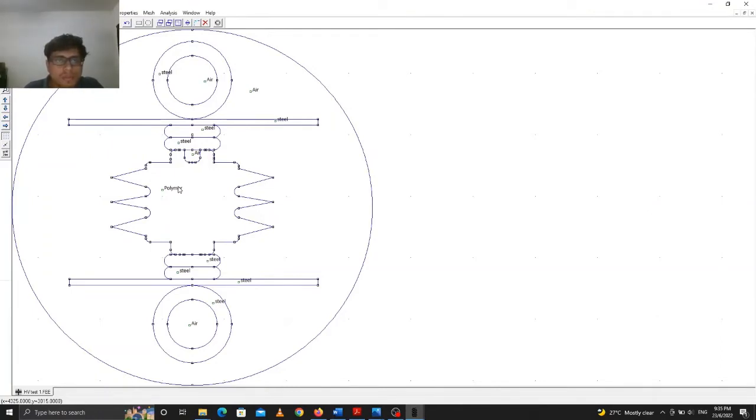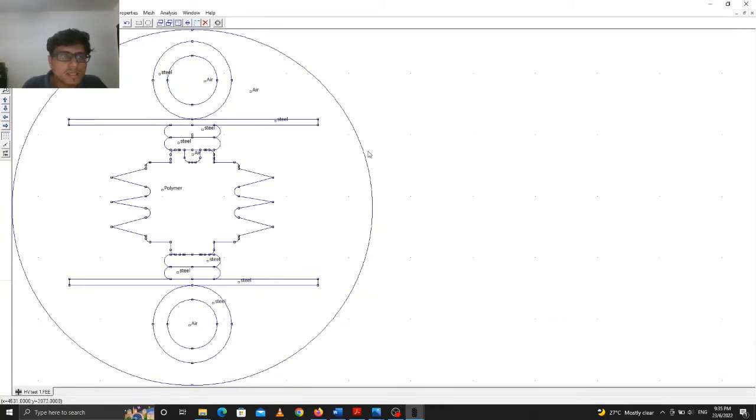I will continue the presentation with the simulation for the suspension insulator, and I will use the FEMM software to conduct the simulation. I have put materials in this simulation for the polymer, steel, and air.